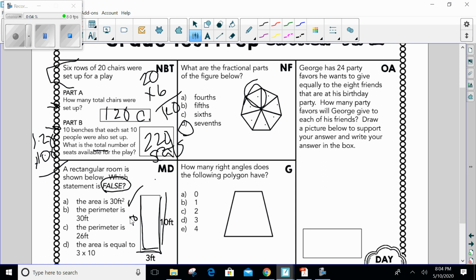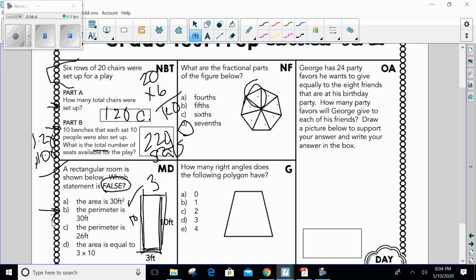So this side is 10, this side is 3. 10 plus 3 is 13, plus 10 more is 23, plus 3 more is 26 feet. So this one is not true. So this is our possibility. Always go through all of them first.